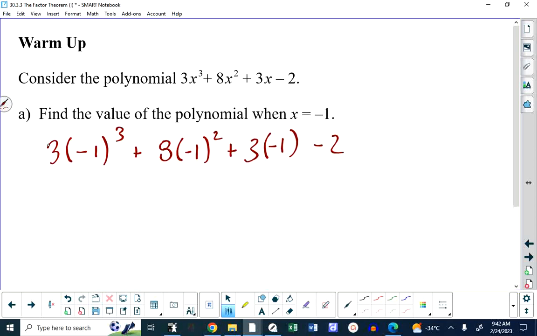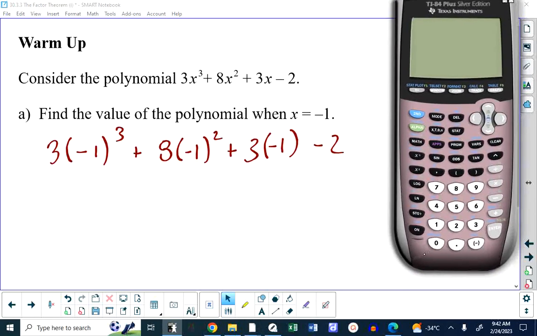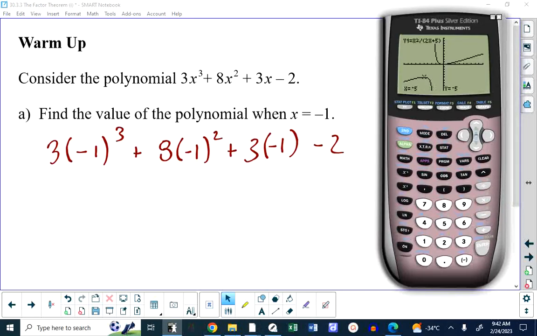I really do. Okay? But it's easy to make a mistake. So what I showed you yesterday is, even if this were a written response question, you write that down. No, you don't need to explain to anybody how you got the answer. So what I would personally do is put 3x cubed plus 8x squared plus 3x minus 2.